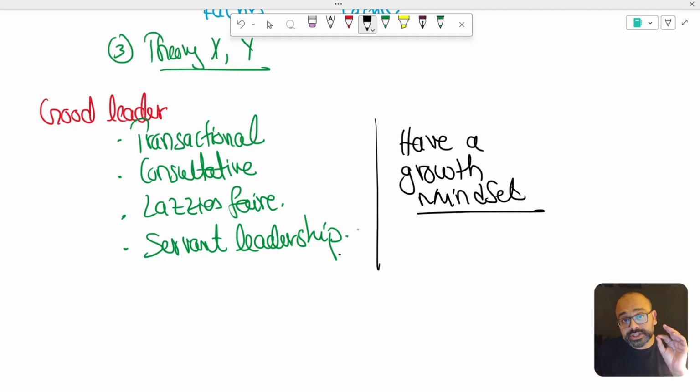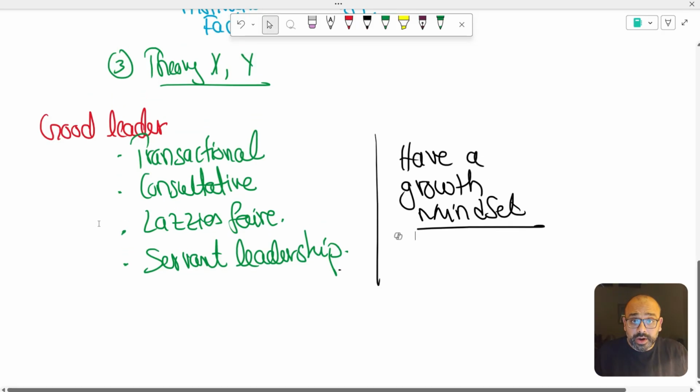When you are managing your team, keep in mind that every person's abilities can be improved over time. That's a growth mindset. So a growth mindset will make you a more progressive leader. So when it comes to the PMP questions as well, don't take a passive approach, take a very proactive approach when it comes to team management.